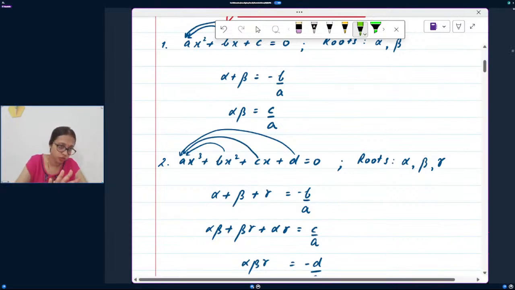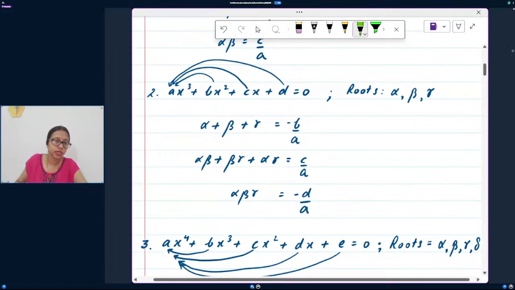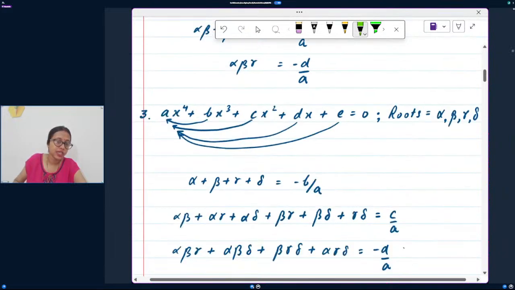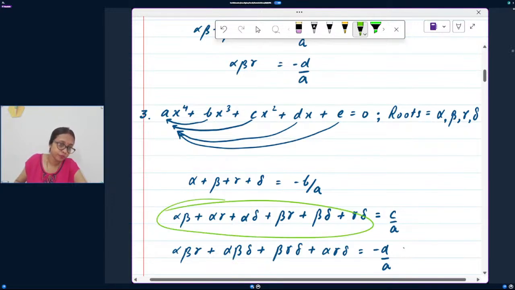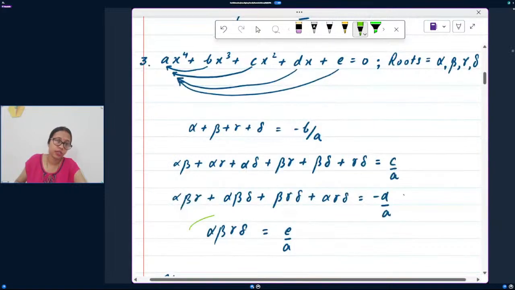For four roots, for a biquadratic, it will be minus b by a, plus c by a, minus d by a, plus e by a. If the roots are alpha, beta, gamma, delta, then these are the observations: the sum of the roots, the sum of the product of roots taken two at a time, taken three at a time, taken four at a time.